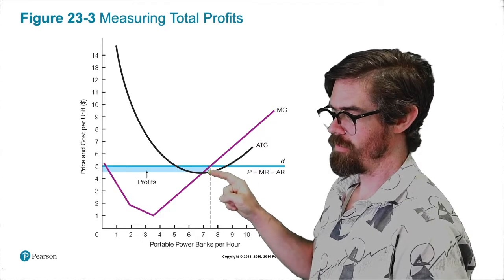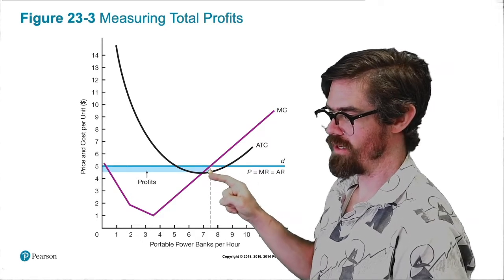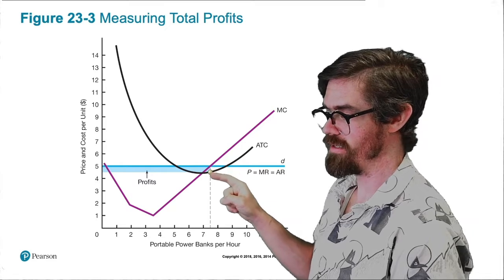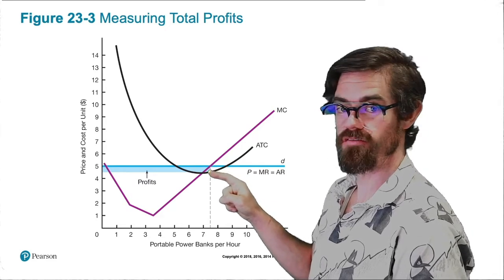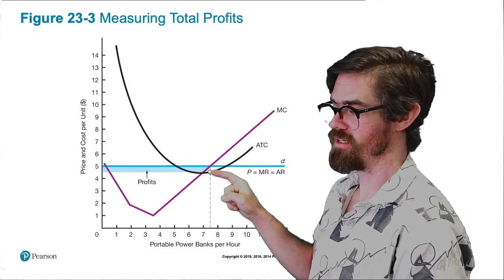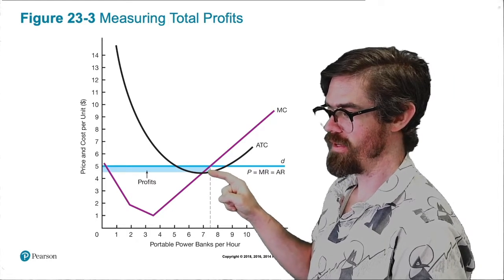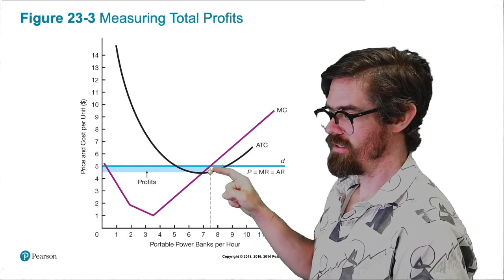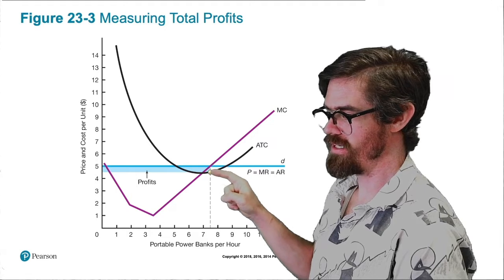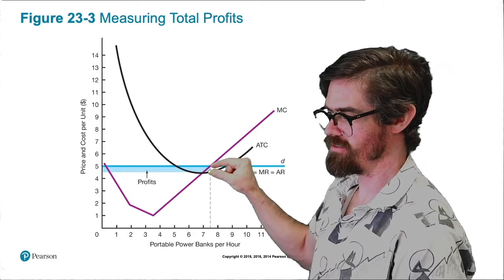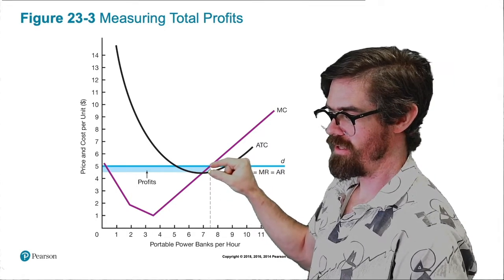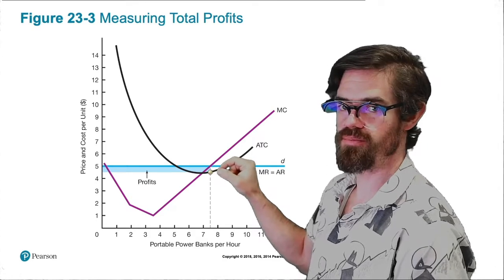Okay? Now that we know that that's where it's going to produce, the quantity that it's going to produce to maximize profits, now we can figure out what its profits are graphically. Okay, so if we look here, the difference between price and average total cost, that little difference right there, that difference is profit per unit.